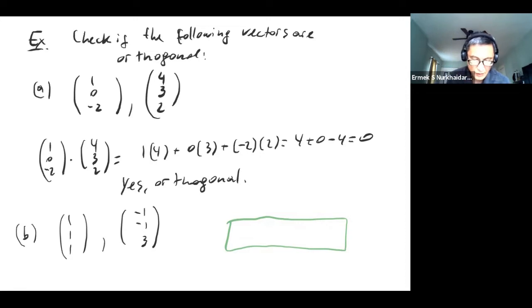I believe the answer is supposed to be no. Okay, so let's provide the calculations. So the dot product is going to be equal to minus 1 plus 3, which is equal to 1. It's not equal to 0, so no, not orthogonal.